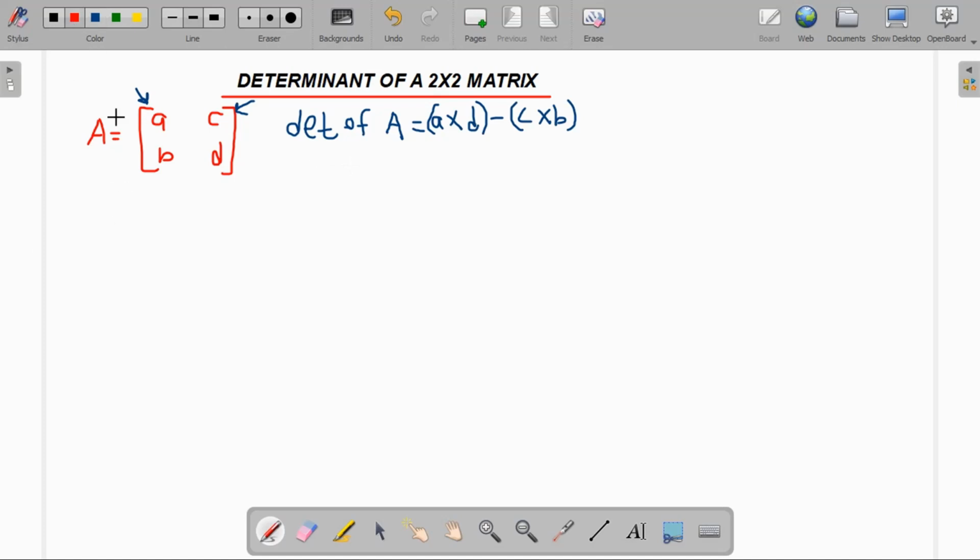Let me give a practical example. Example number one: we have been given matrix A, which has the elements 2, 0, 1 and 1.